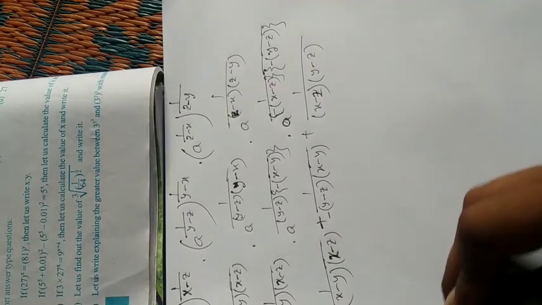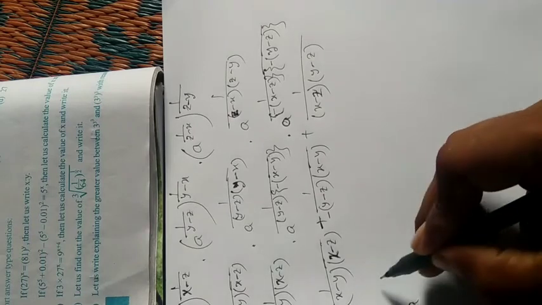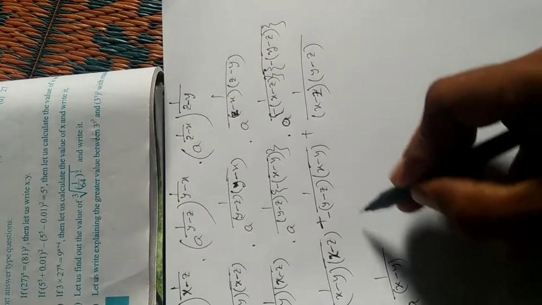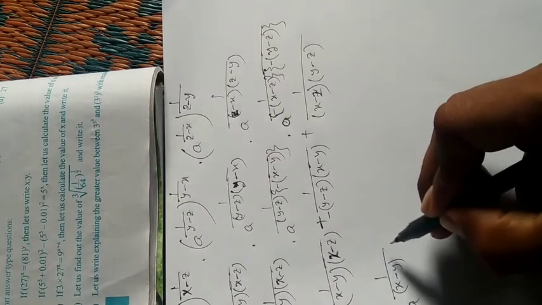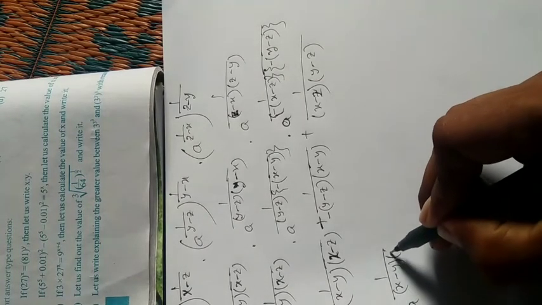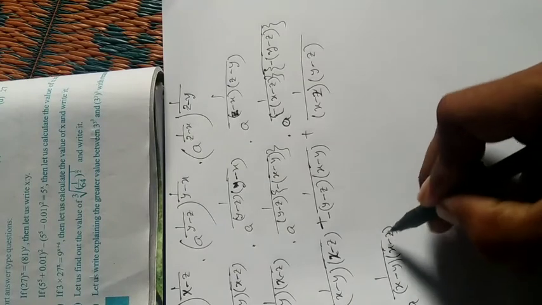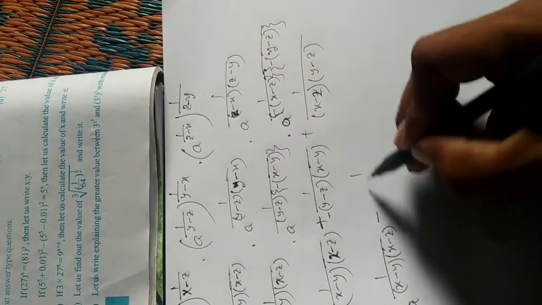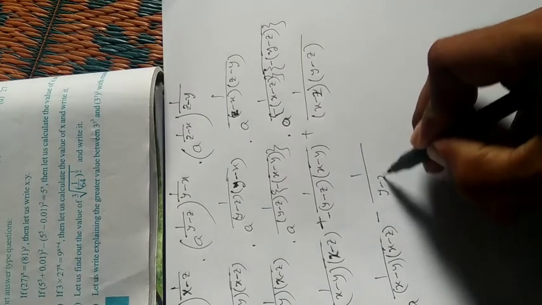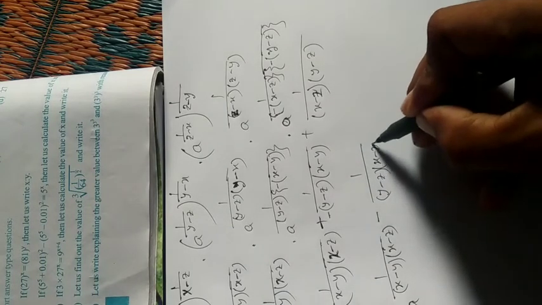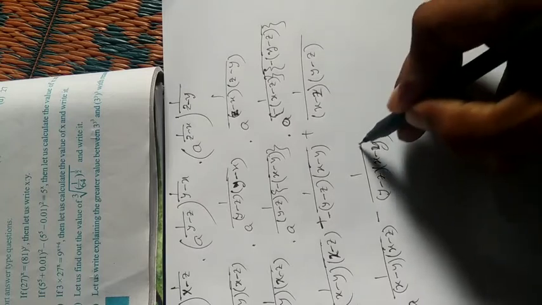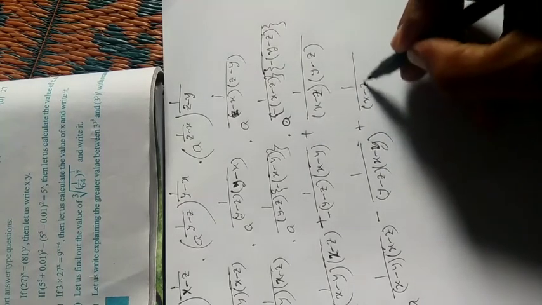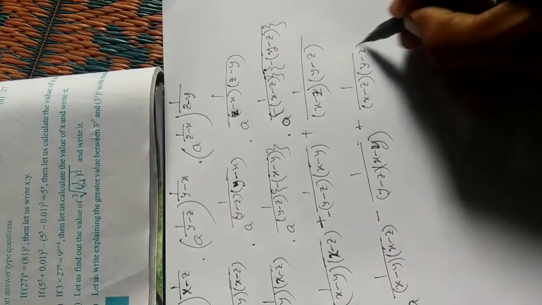Okay, now it's a to the power x minus y, x minus z, minus sign, because minus plus minus 1 by y minus z, x minus y plus 1 by x minus z, y minus z.